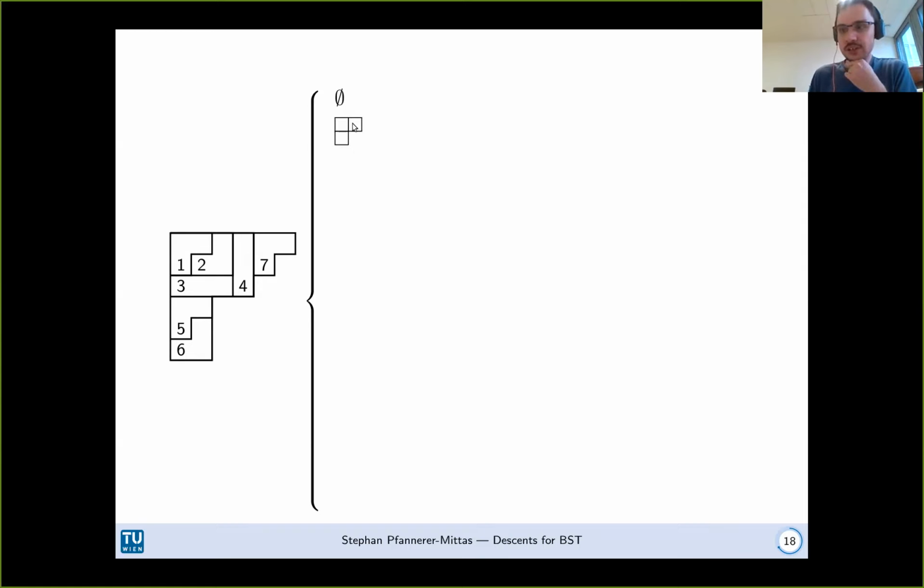Next, we will look at the strips containing 1 and 2 together, and they in total form this partition here. If you also take 3 into account, we get this one, and here taking 4, we get this one here as well.